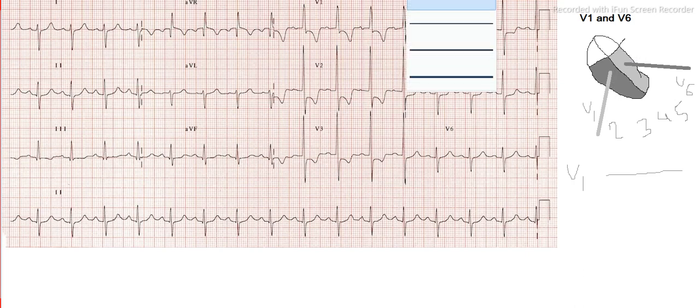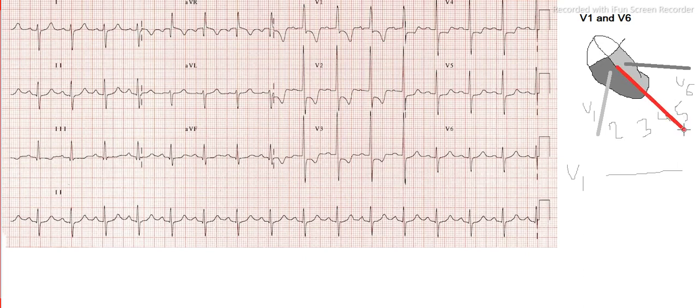However, the resultant ventricular depolarization will be represented by this R line, going in this direction. This resultant vector is opposite to the direction of V1, isn't it? So the resultant QRS complex in V1 will be mostly negative.